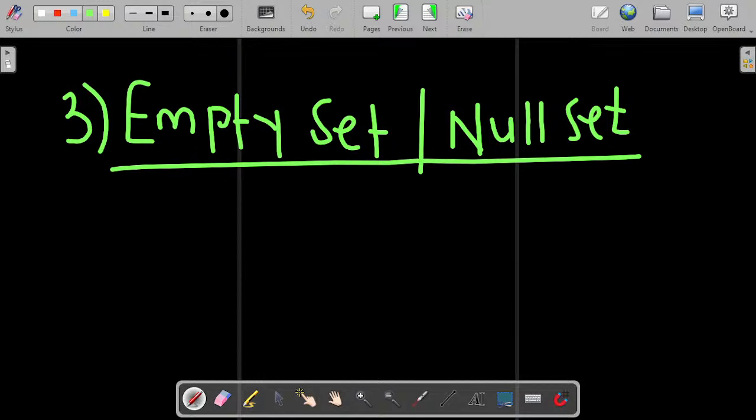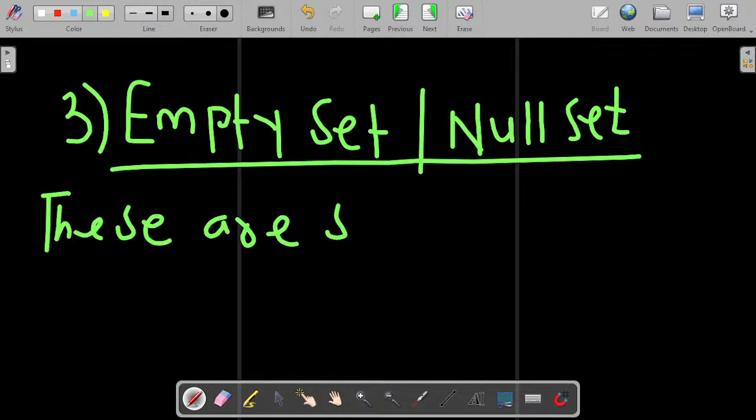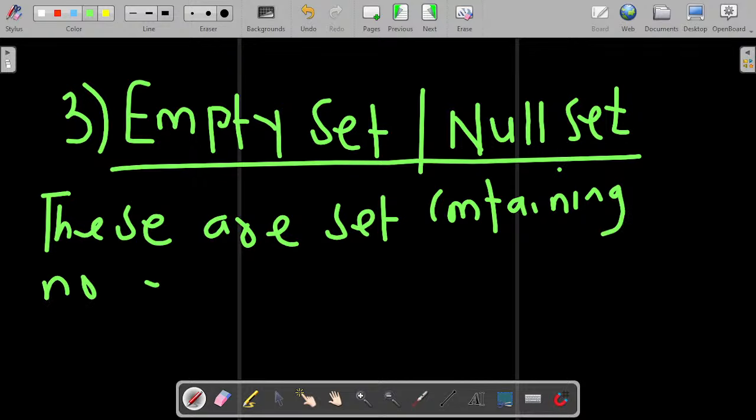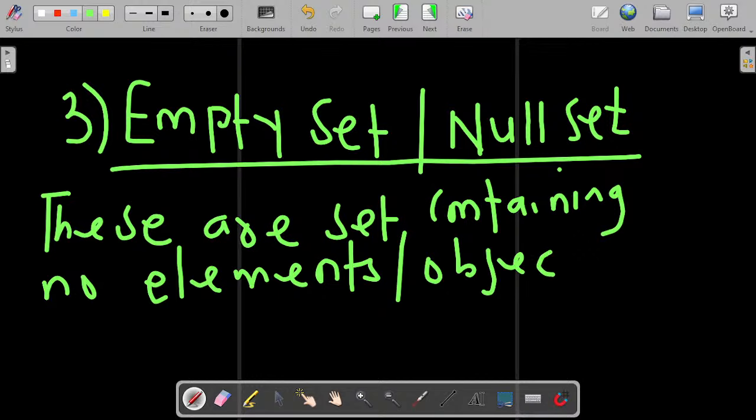These are sets containing no element at all. It doesn't have any element at all. Sets containing no elements or objects.